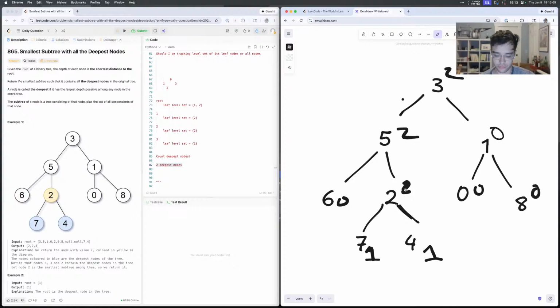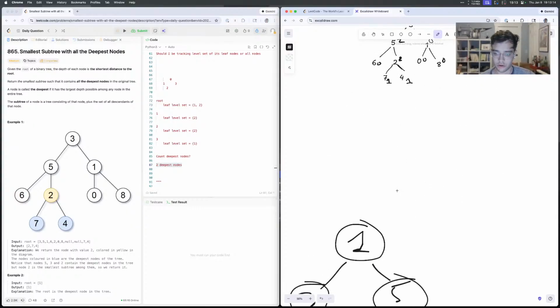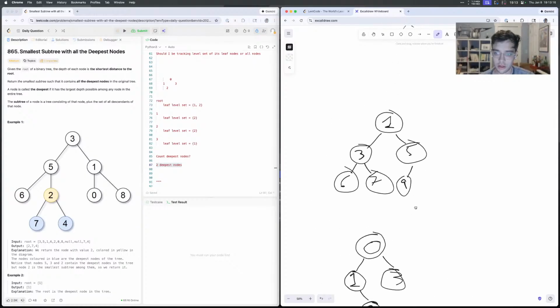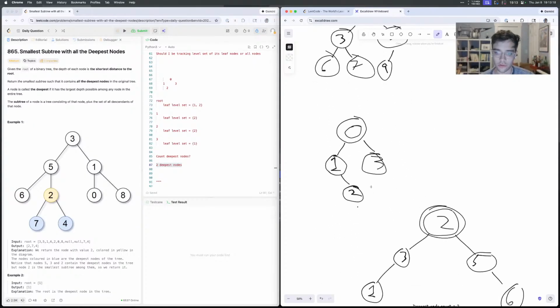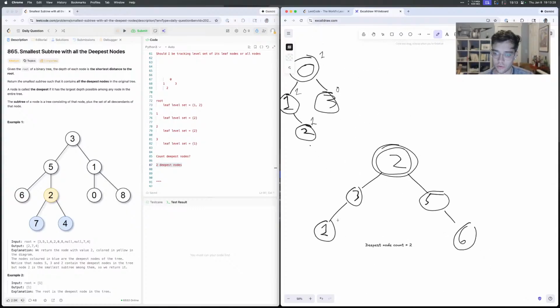I think that's pretty decent. Let me go back. So for this one, it's 1, and there is only 1. It's 1, 1, 0. Okay. This is 1, 1, 2, 1, 1. And we have to look for 2. Okay.